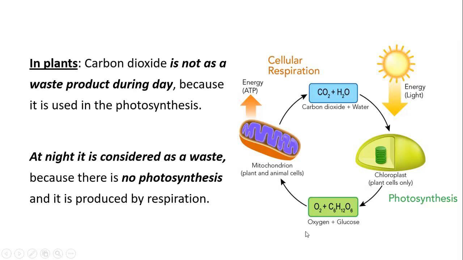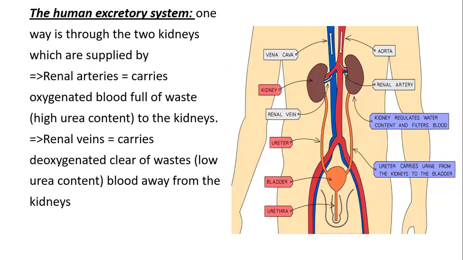So the cycle keeps going on and on inside the plant during daytime. But at night, this carbon dioxide now has to be excreted outside of the plant, because there is no photosynthesis at night, no light energy to have photosynthesis going.